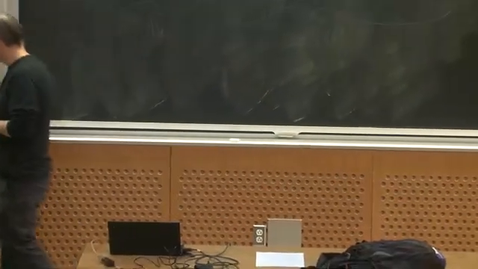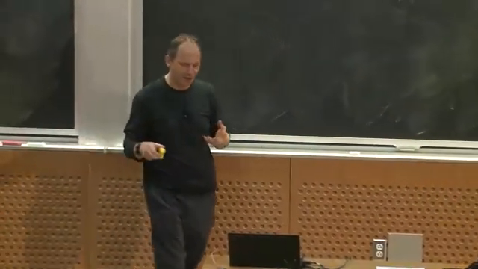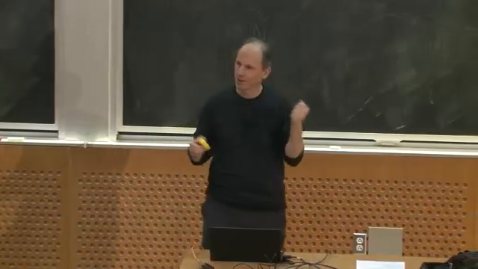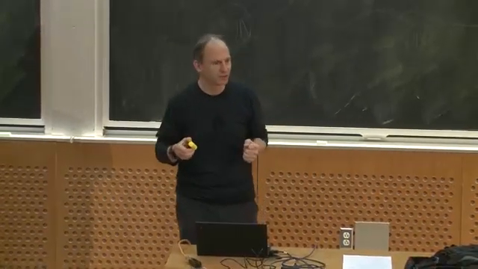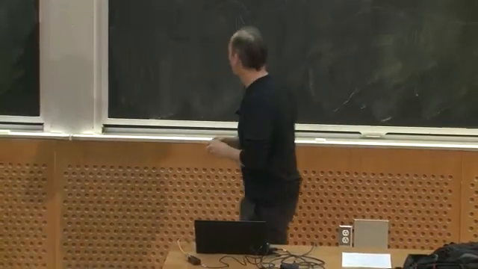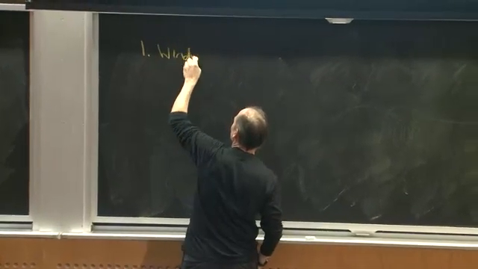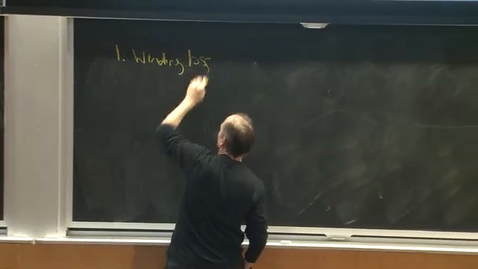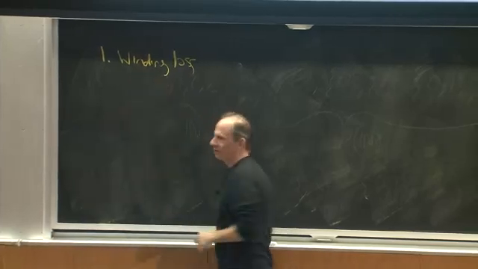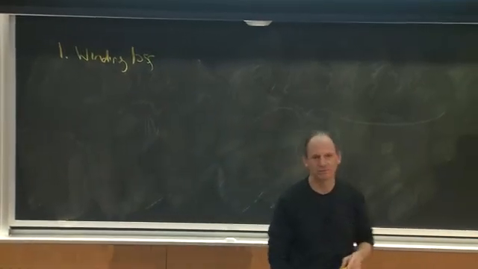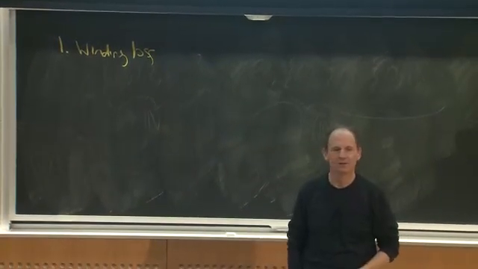Okay, so thinking about what the loss mechanisms are and what to watch out for is what we want to pay attention to. Now, if I have a typical magnetic component, what do I have? I have a winding and a core, usually. So the two subsets of losses I've got to worry about are, one, the winding loss, and sometimes this is called copper loss because most windings are made of copper.